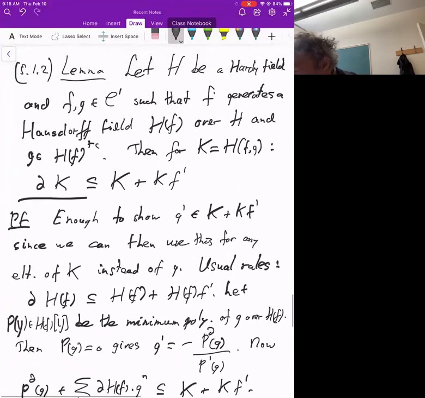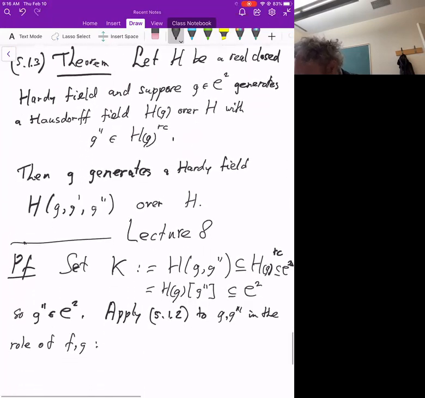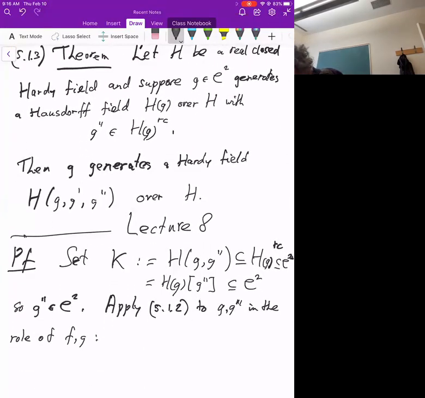If you have a Hardy field and two C1 germs, such that the first one generates a Hausdorff field over H, and the next one is in the real closure of that, then for this capital K, which is our K now, if you take derivatives, you end up in K plus K f prime. So if we apply that here, we get that taking derivatives of elements in K, you get in K plus K g prime.